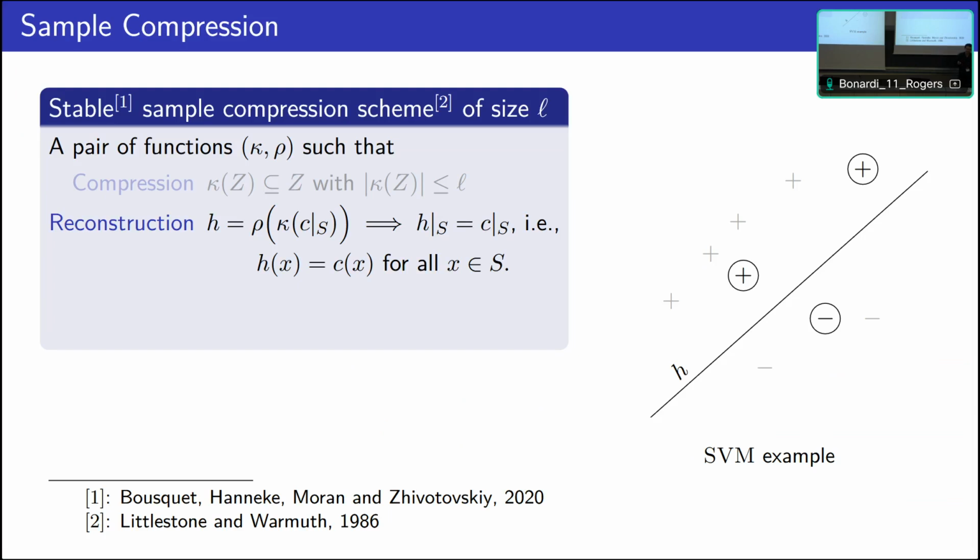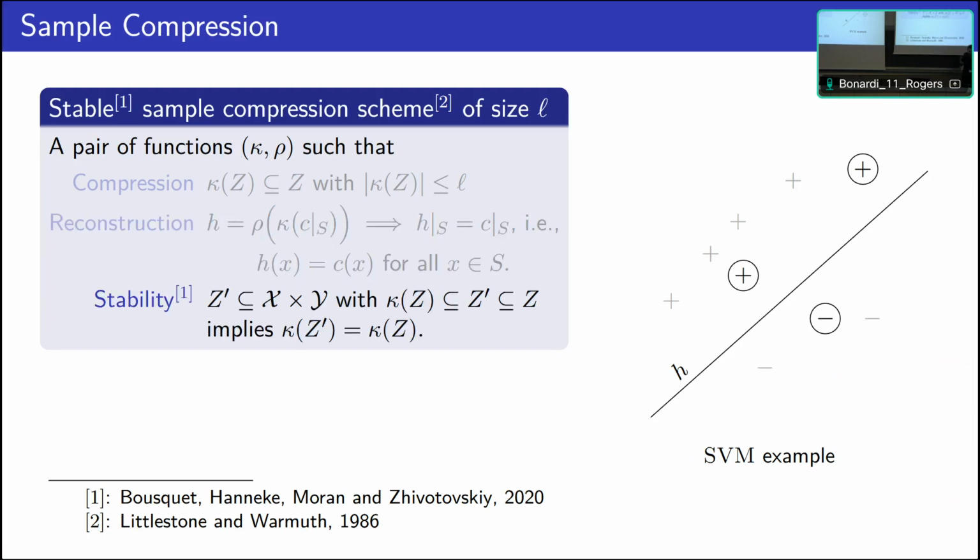So in particular, it means that it's correct on all the points of the sample. It doesn't really need to be the same, but it needs to be consistent. And we have this extra property that it's stable, meaning that if you compress any subset of the given sample, where the subset maintains all the points that were in the compression set, the compression just doesn't change.